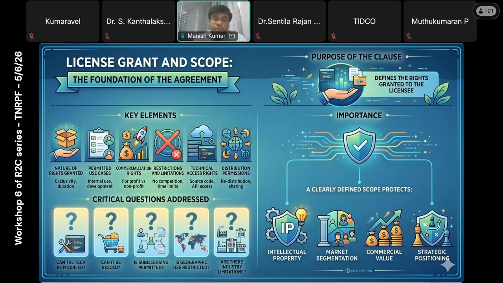Are you giving certain know-how associated with it, source code, or it could be biological material? What are the things that you are giving on top of the IP, right? All those things have to be mentioned properly in this. And then you address all the questions that are mentioned. What happens to the modification? Can it be given to a third party, licensing, sublicensing, with geographies? All those things can be defined.